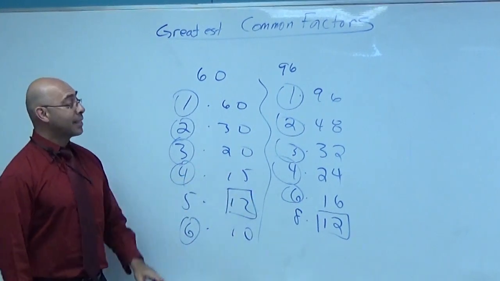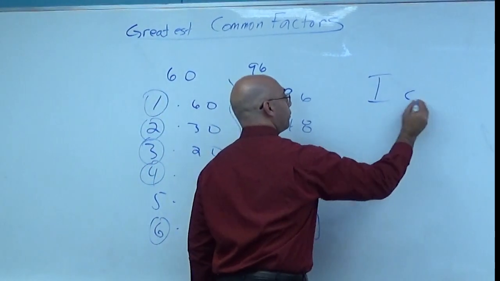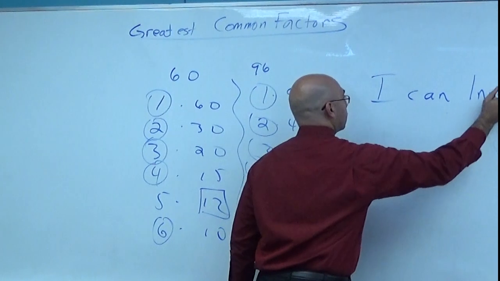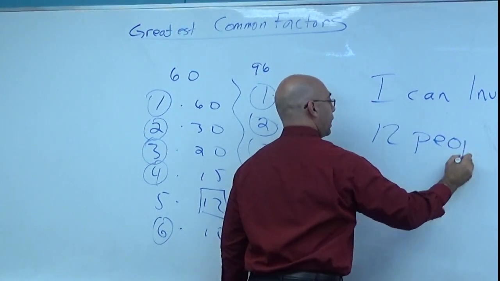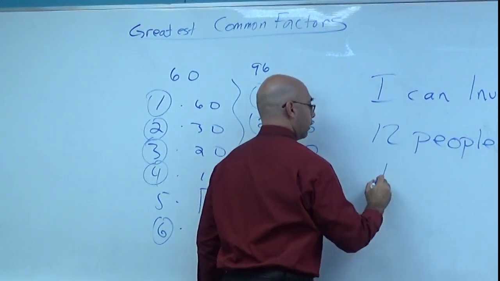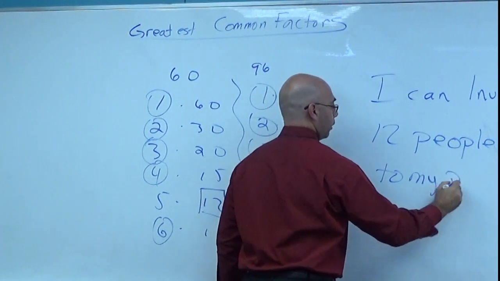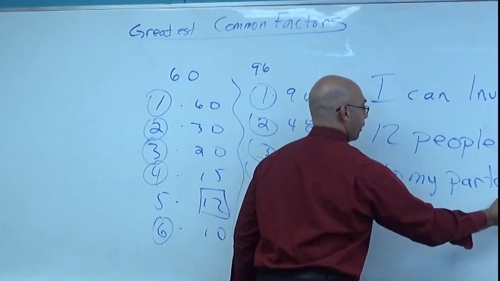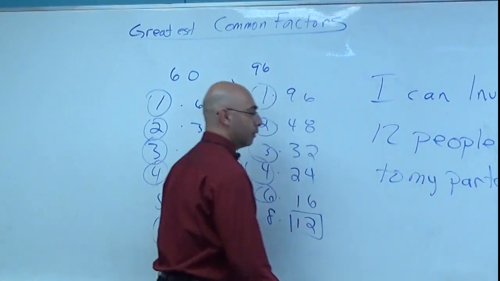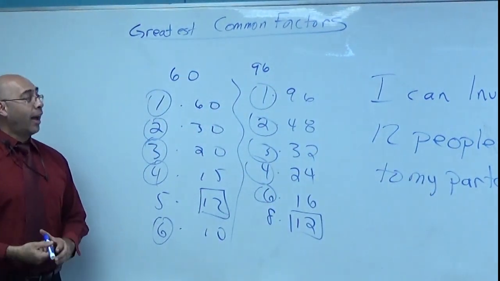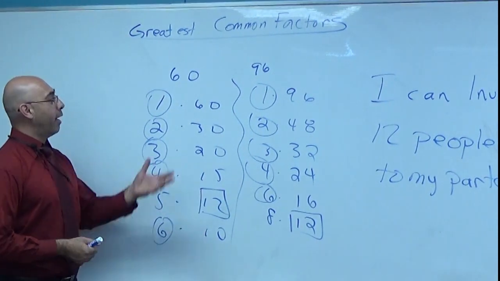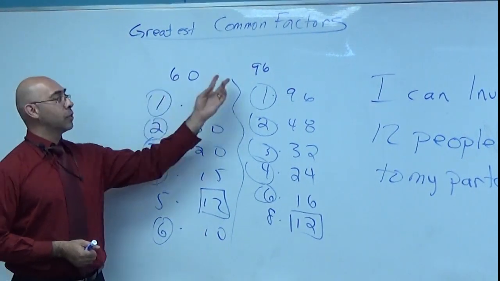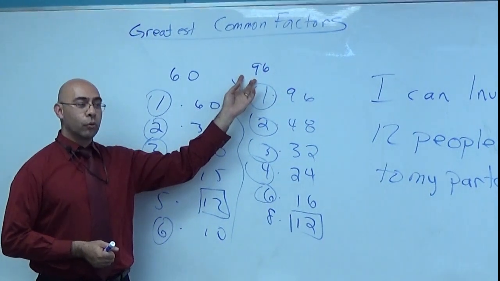So that means I can invite 12 people to my party. All right. So I can invite 12 people to my party, and every single one of them will have multiple bags of Cheetos and multiple cans of Mountain Dew Code Red.